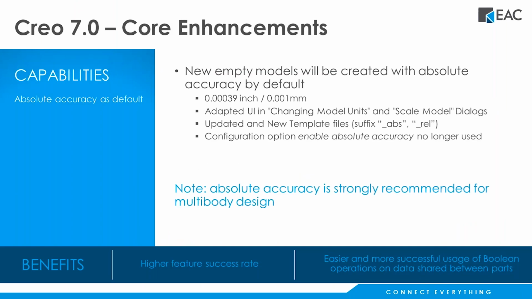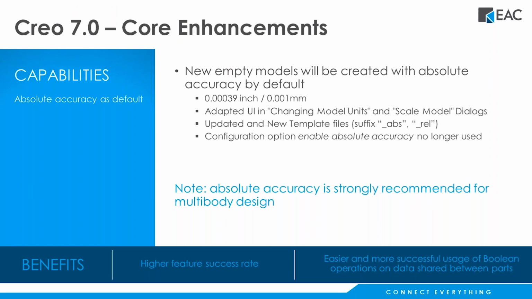First of all, if you create an empty part, Creo will now automatically set it to absolute accuracy. In the past, throughout its history, I think the default has always been non-absolute or relative accuracy.